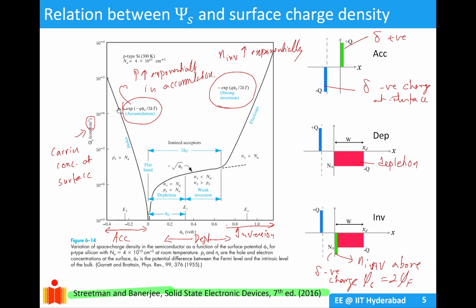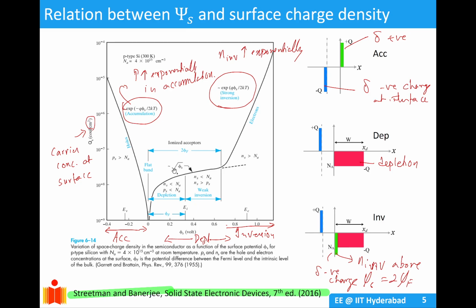So if you want to give an equation to this line approximately, for accumulation, your charge Qs is equal to exponential minus q psi s by 2kT.